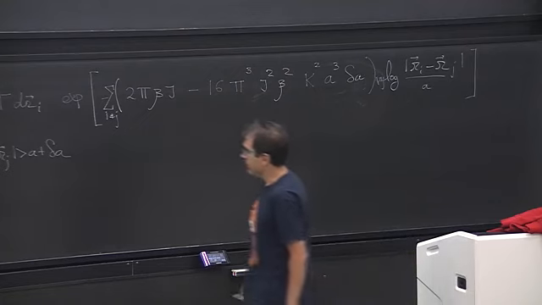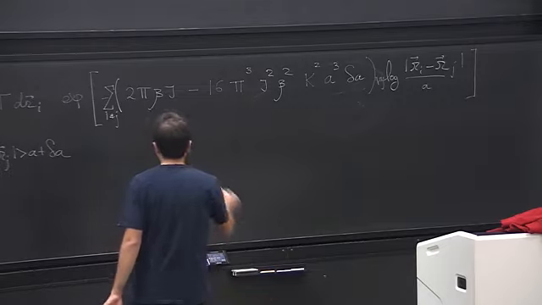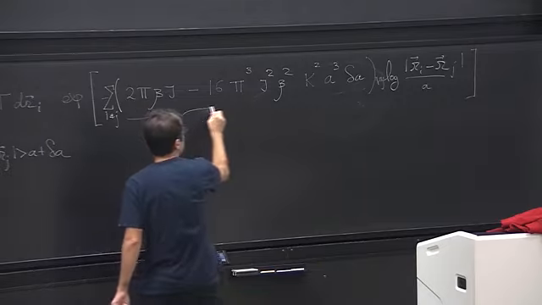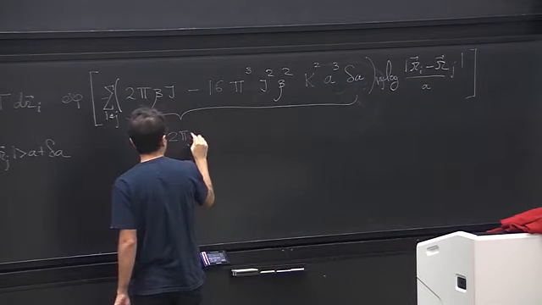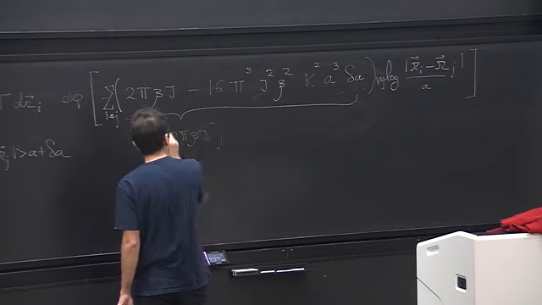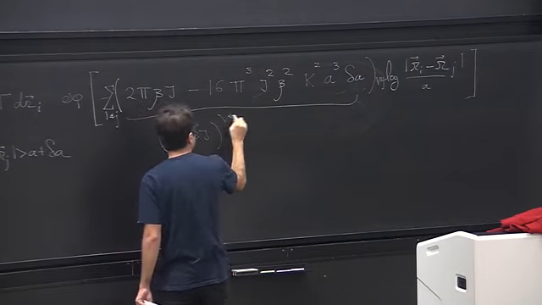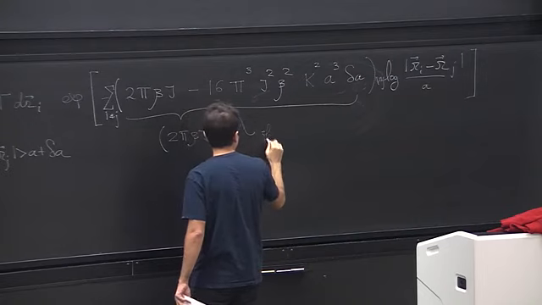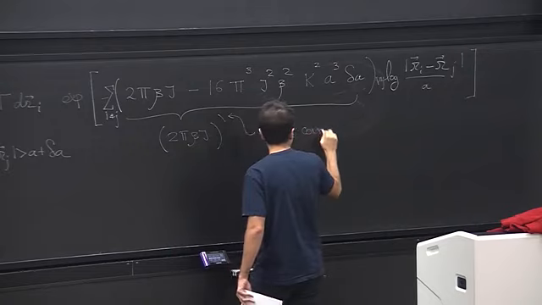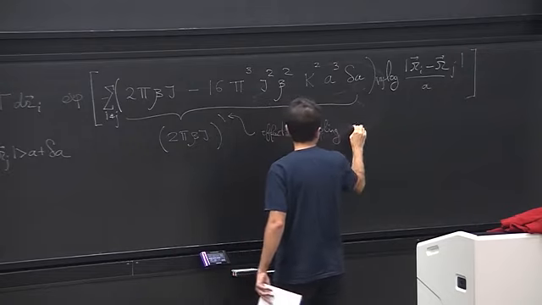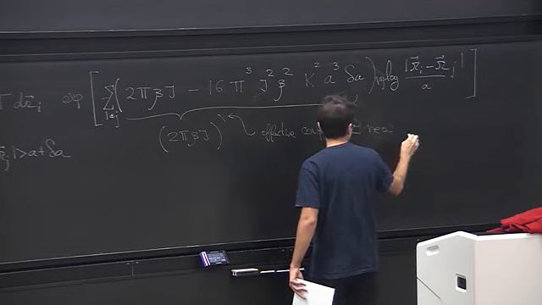Now, let's see importantly what happened here. Here we say that this quantity is therefore some 2 pi beta J prime, where this prime stands for some effective coupling at the new cutoff.